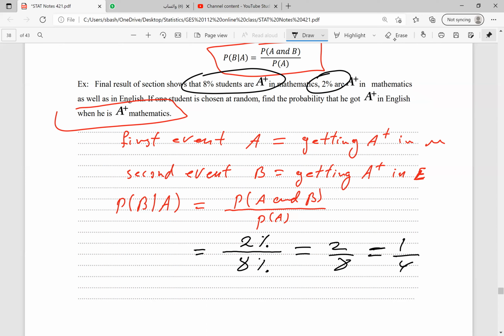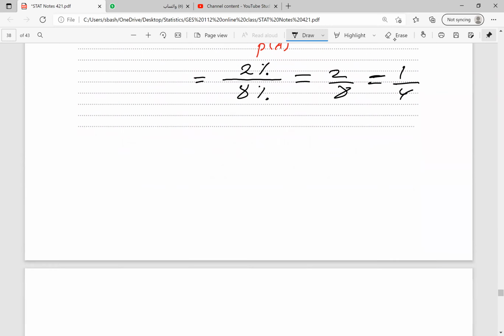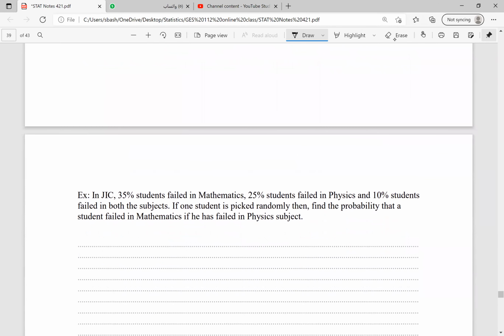Find the probability of the second event, given that the first one has already happened. Let's take another example. Say in some college, 35% of students failed in mathematics, 25% of students failed in physics, and 10% of students failed in both the subjects.